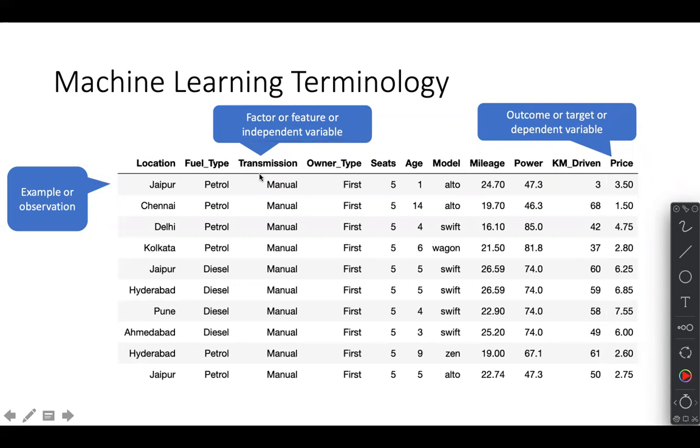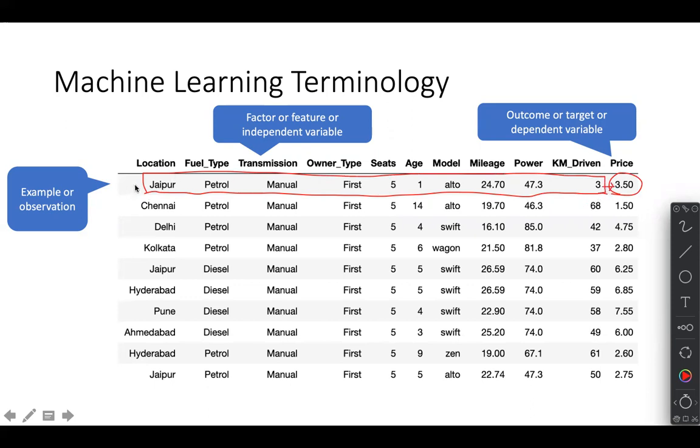A lot of machine learning problem types start with a data set where historically we know how the factors have influenced the outcome. So we will have evidence of different factors and features and how they influenced the outcome.